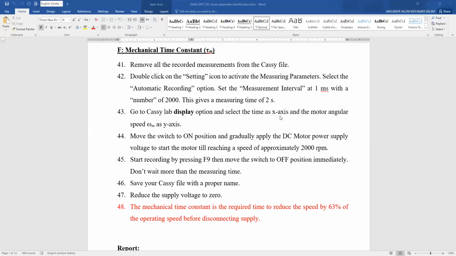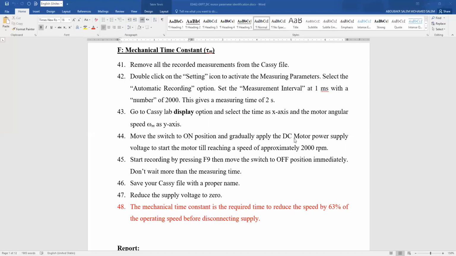This is called the deceleration test. The aim of the deceleration test is to calculate the mechanical time constant, and by means of the viscous friction coefficient, we can calculate the motor inertia.